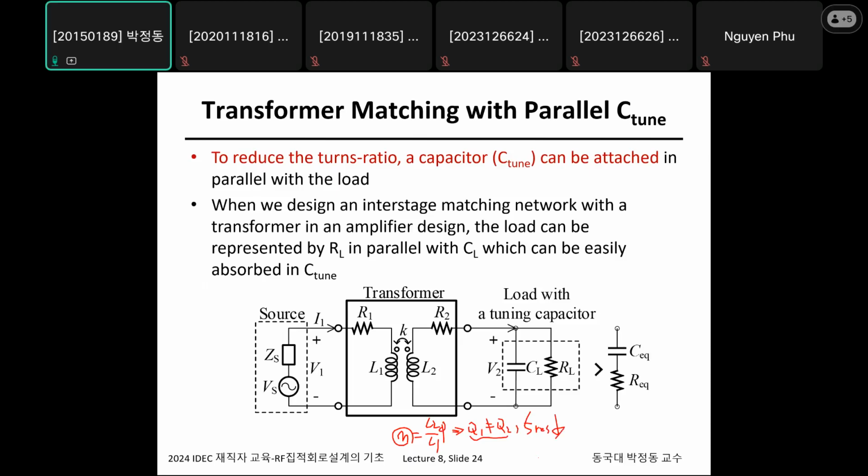This is also very bad. And moreover, Q is reduced, which means the insertion loss is directly proportional to K square Q1 Q2, which is the figure of merit of a transformer. Therefore, it's always better to keep N close to 1 to achieve optimum insertion loss.